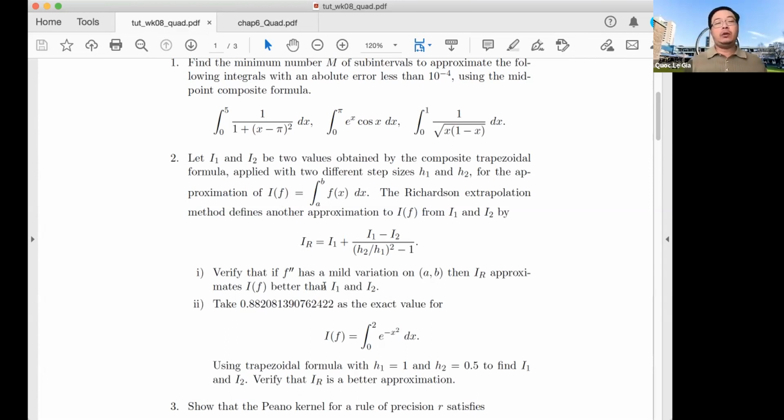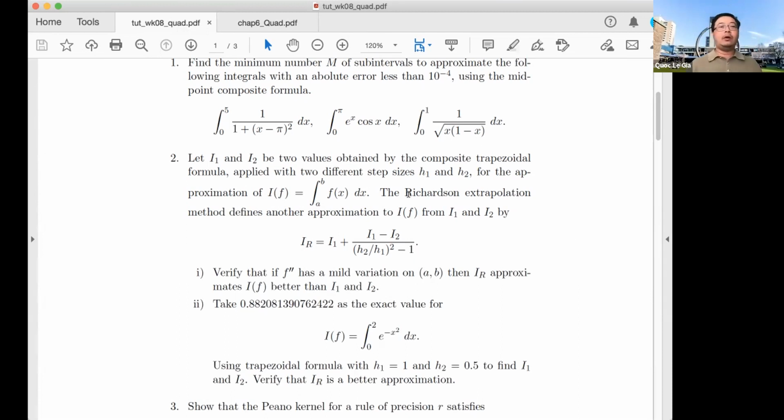Okay, so we have to prove it. In order to prove it, first we have to remember what the error of the trapezoidal formula is.